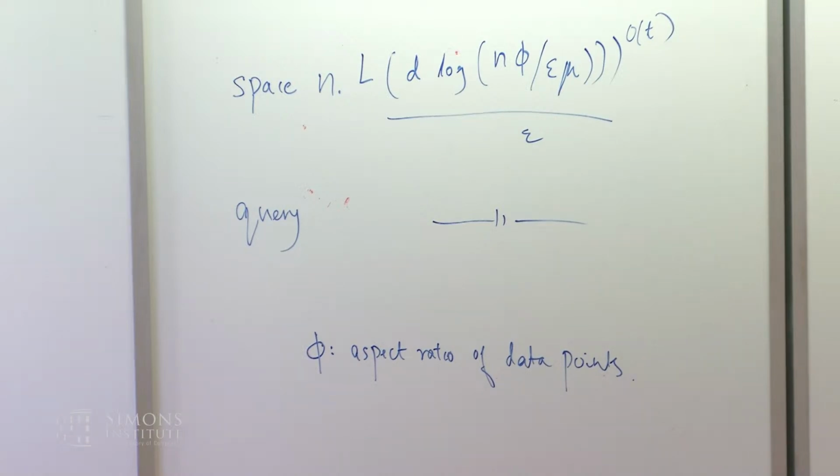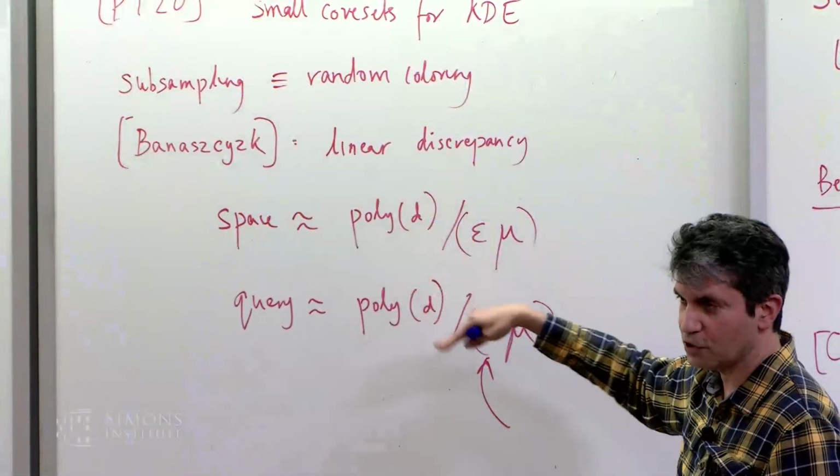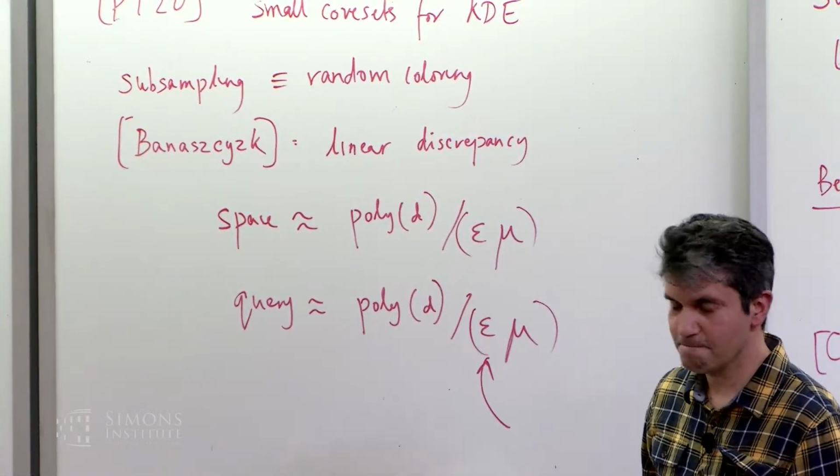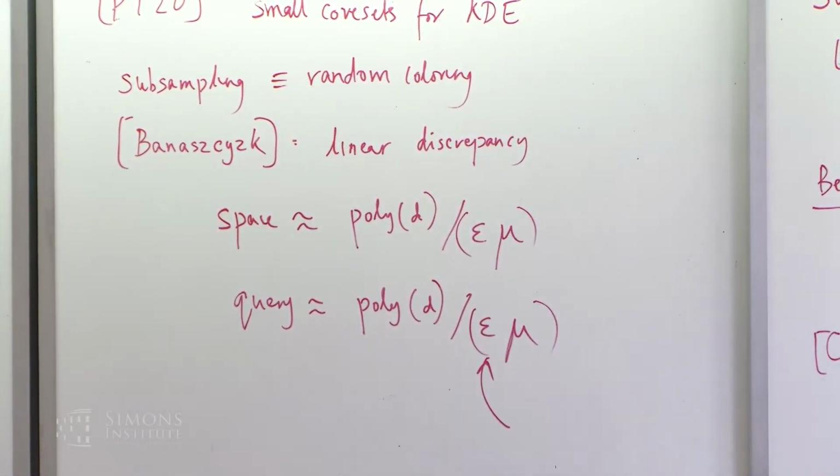Okay. So let me give you a flavor of how these techniques work. In order to give you a flavor, I'll try to give you a view of this result, because it will give me a way to talk about how exactly discrepancy comes in.